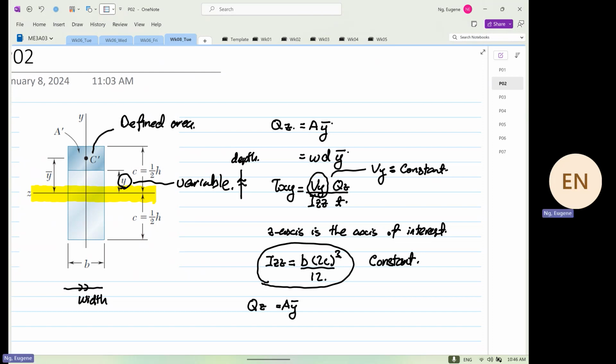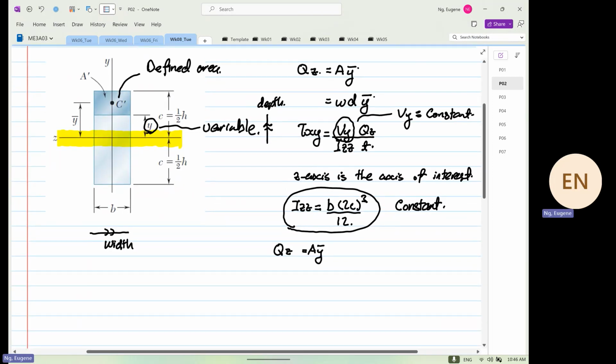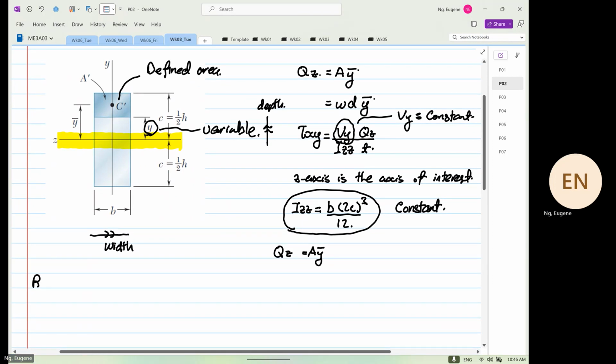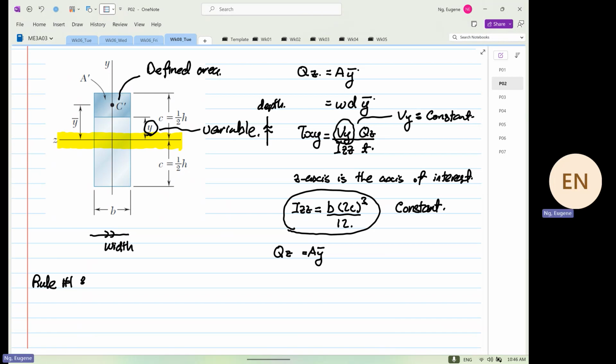So we have derived rule number 1: Vy and Izz are constant.